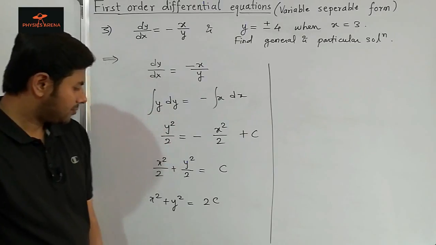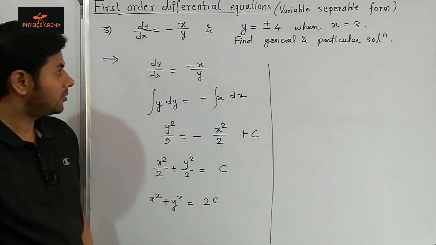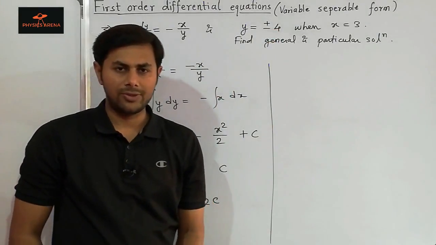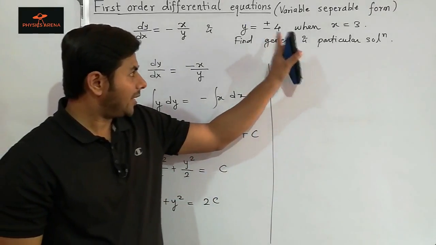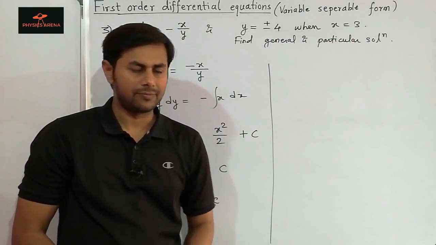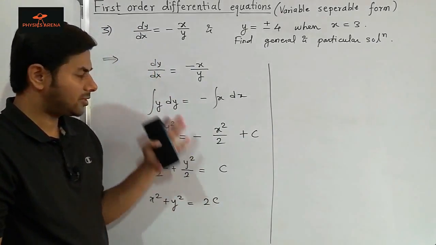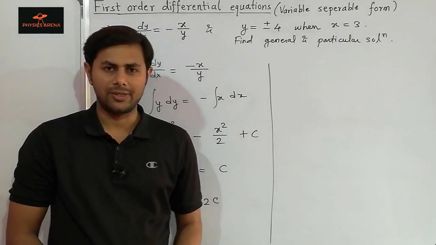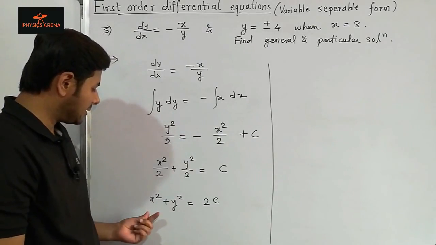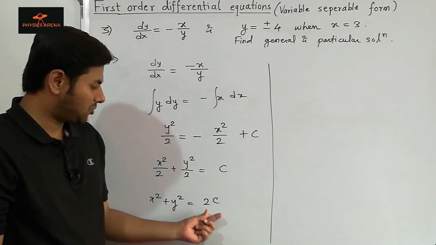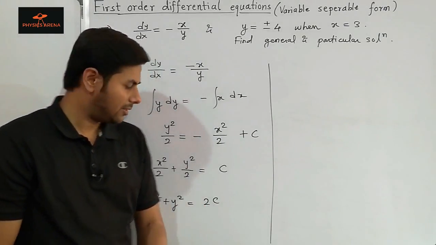and then we have to substitute one of these values for y when x is equal to 3. Okay, and why do we have two values? It's because this is the equation of a circle. We have x square plus y square. We can write this 2c as some r square.